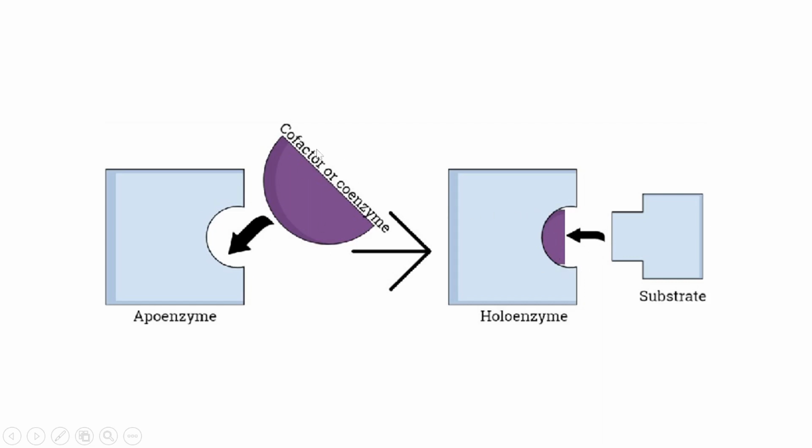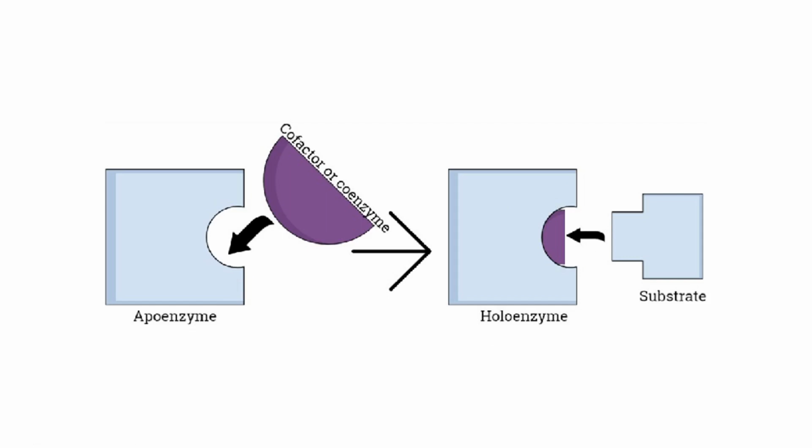So without the cofactor, the enzyme is called the apoenzyme. Once you have both the cofactor and the enzyme together, it is called the holoenzyme. This is the active form of the enzyme. Apoenzyme is the inactive form of the enzyme.